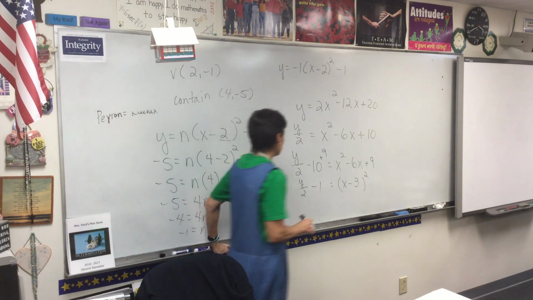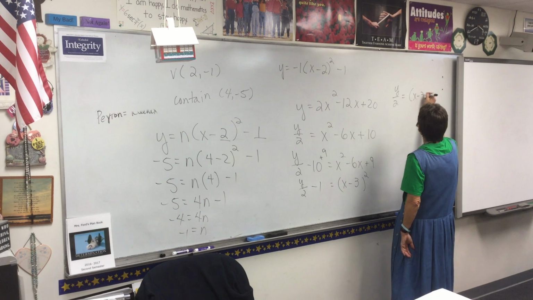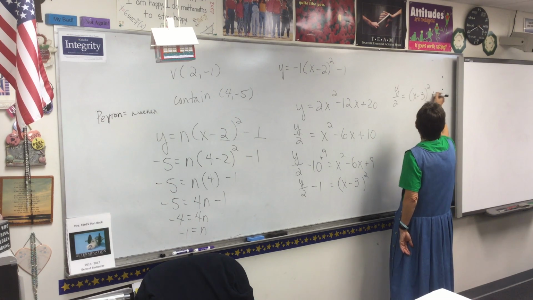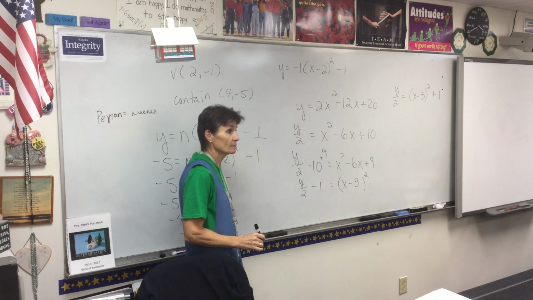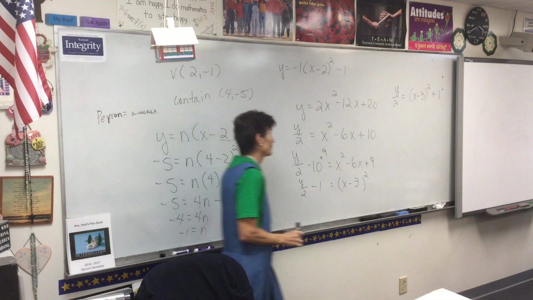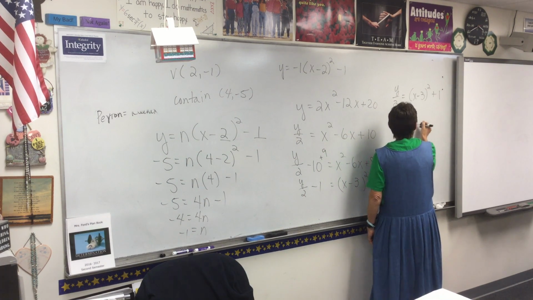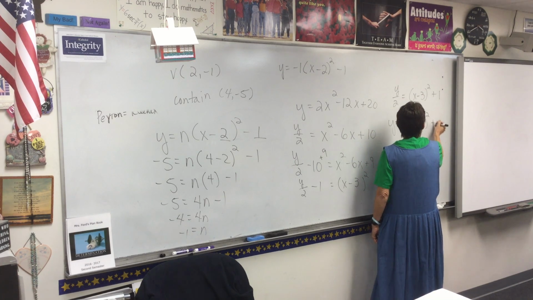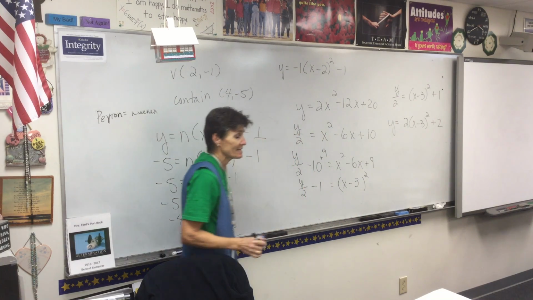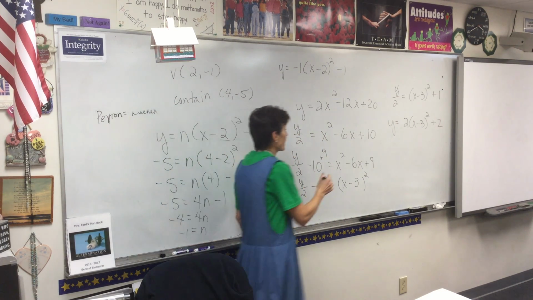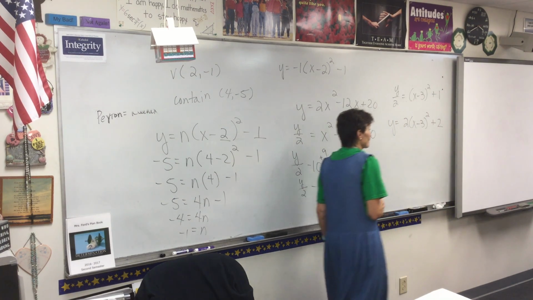So I add 1. And then to get final, I will times by 2. When I times by 2, I times the parentheses by 2 and the number by 2. Don't change the parentheses themselves. You times the parentheses by 2 and you times the number by 2.